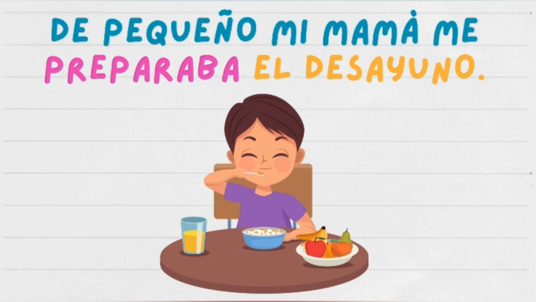Now with this sentence, if you want to say, when I was little, my mom prepared me breakfast. To say this, in Spanish you have to say, de pequeño, which means when I was little, de pequeño, when I was little, my mom, mi mamá, prepared me, me preparaba, okay, verb in the imperfect past, breakfast, el desayuno, okay?